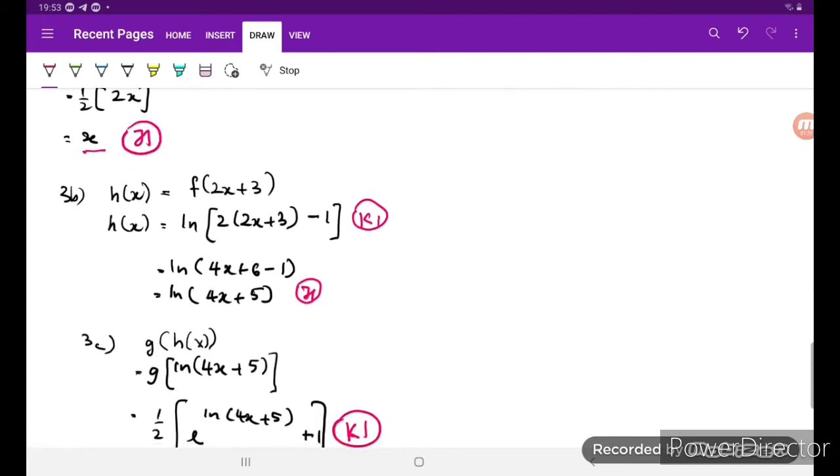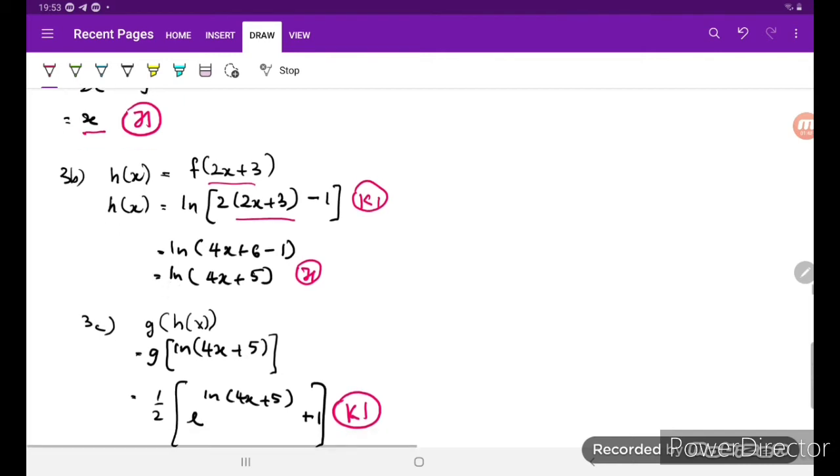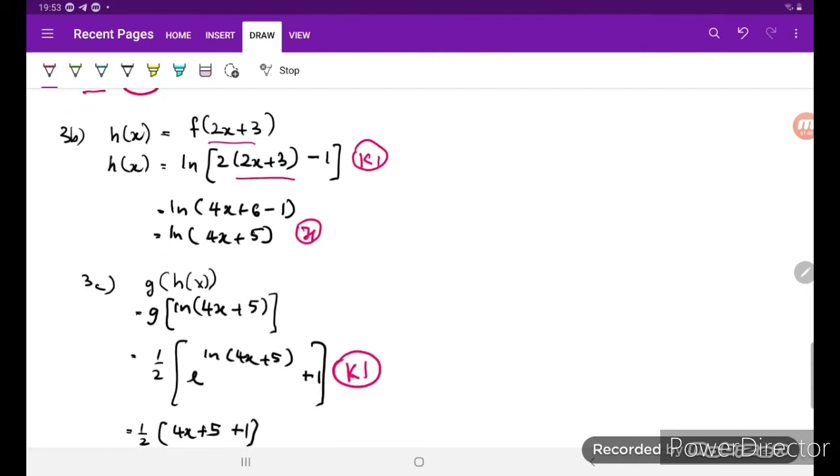3b, you want to find h(x). When given h(x) is equal to f(2x plus 3), so you substitute function f inside function h. Okay, you get K1, and then the answer ln(4x plus 5), J1, 2 marks.